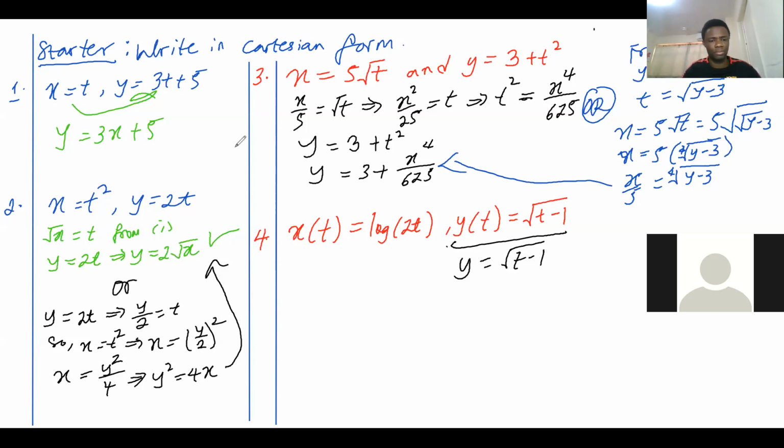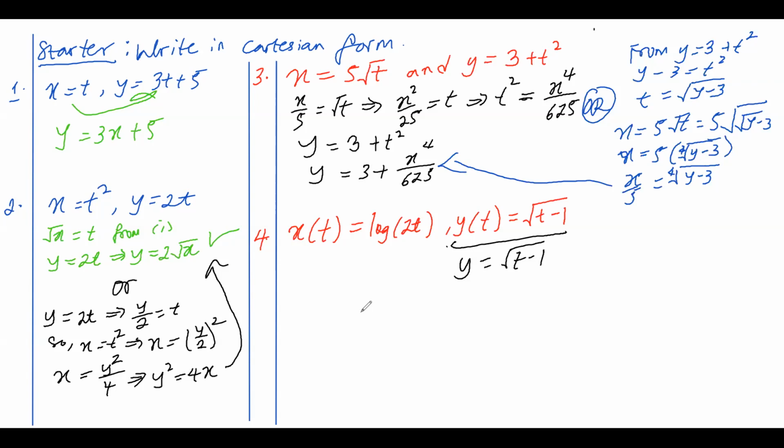All right, so for the fourth one, which Leo is talking about, let's put that here. So the easiest way is this. From y equals square root of t minus 1, it implies that y squared is equal to t minus 1, which implies that y squared plus 1 equals t.